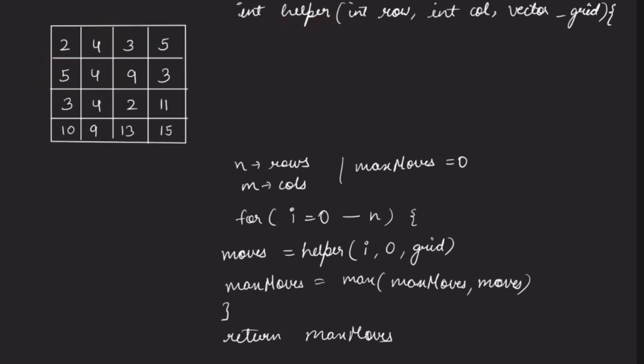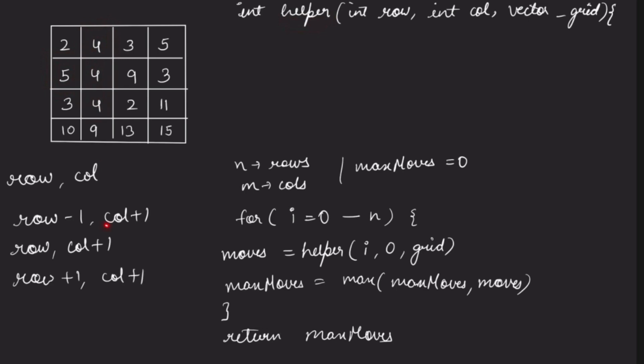Since there are three directions from 5, we can either move here, here or here, right? So from row comma column, we can either move to row minus 1 and column plus 1, or we can move to row, column plus 1, right? Or we can move to row plus 1, column plus 1, right? So in all these three, the column is plus 1, and for row, here it is minus 1, here it is as is, and here it is plus 1, right?